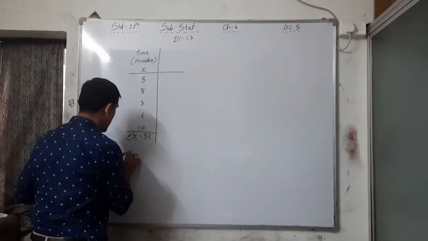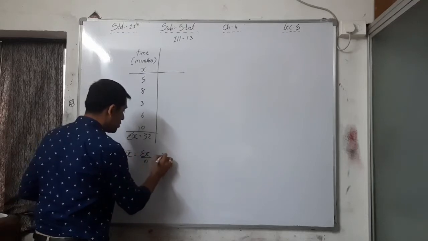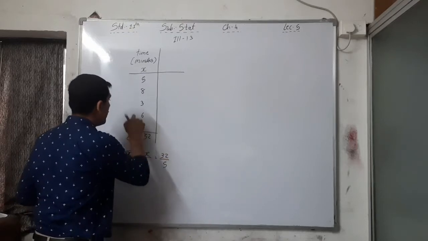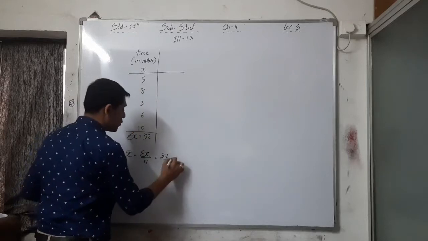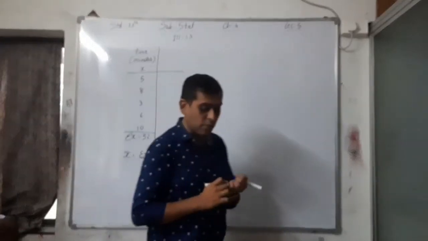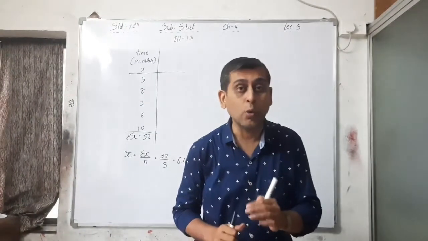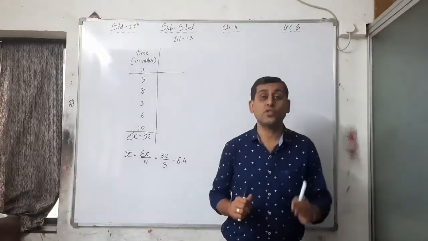So x bar is equal to sigma x upon n, that is 32 upon 5, which is 6.4. Is x bar an integer? No, x bar is a fraction.